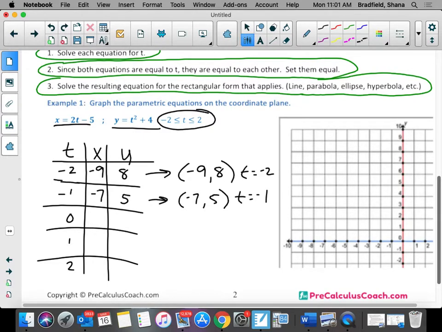When t is 0, I would have -5 and 4. When t is 1, I would have -3 and 5.